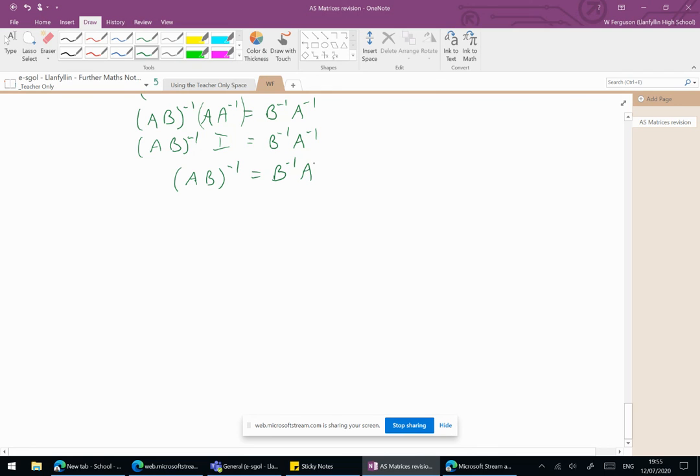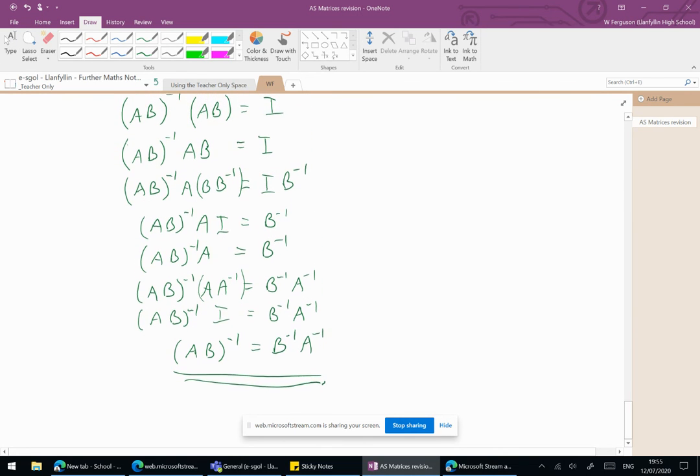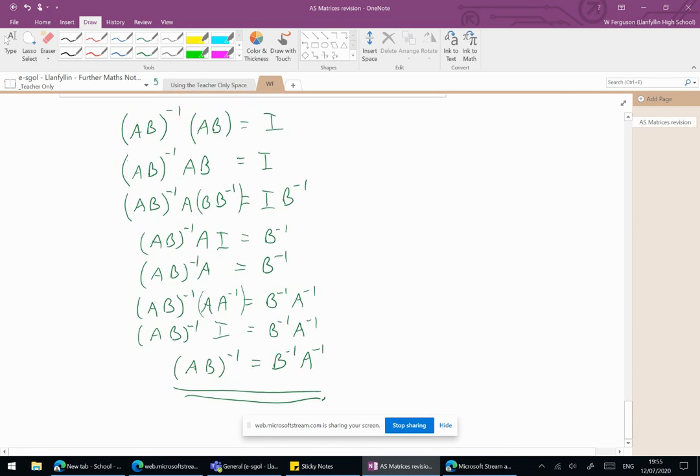And there's the result we're looking for. So hopefully that gives you some clues about how the process of these sorts of proofs work. Really, it's just about making sure you're careful with the side that you're multiplying on, left or right, and then instead of doing any division, multiplying by an inverse matrix.